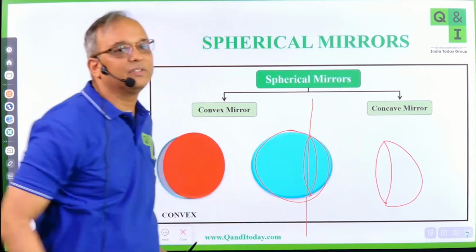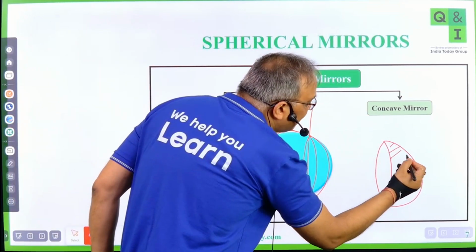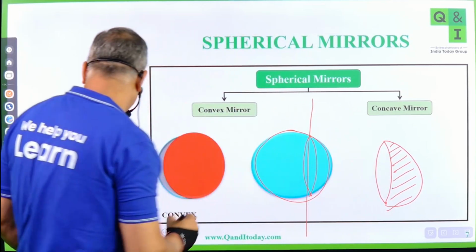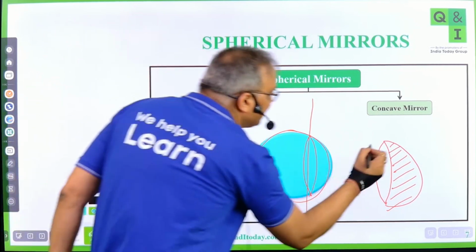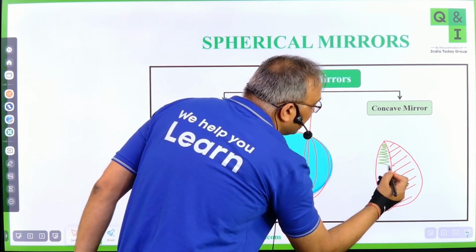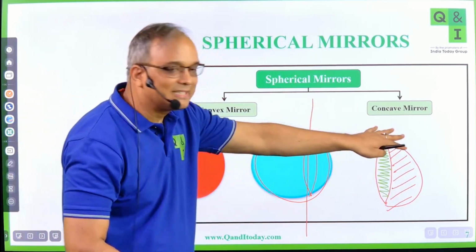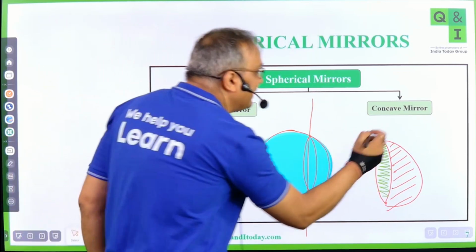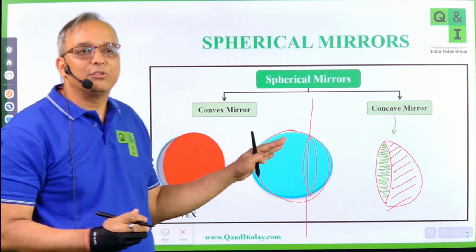This is the part of the sphere which has come out. Now, if I silver the outer part, this is your inner part. Now the outer part is silvered, the inner part is your reflecting surface. So this is an example of a concave mirror. Are you able to visualize this?